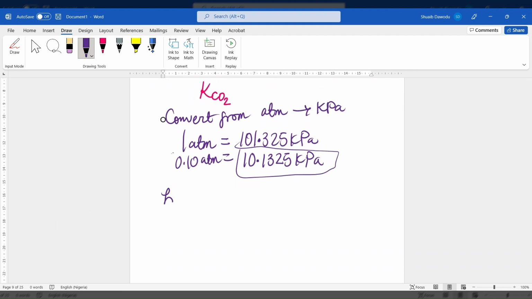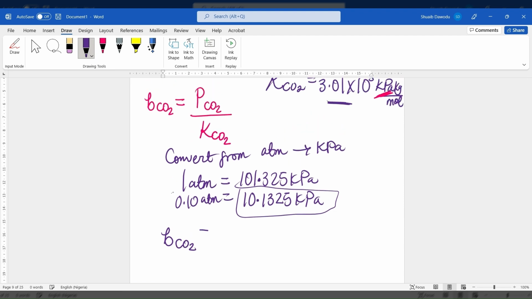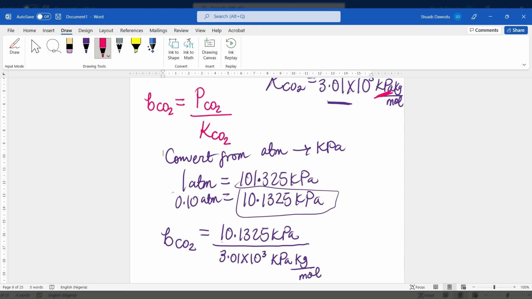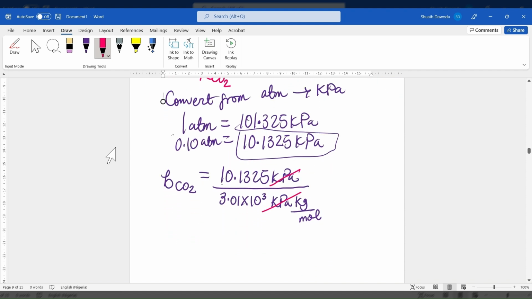So b sub CO2 is just simply going to be P sub CO2, which is now 10.1325 kilopascal, divided by K, which is the constant of proportionality, which is 3.01 times 10 raised to the power of 3 kilopascal kilogram per mole. So you cancel out the kilopascal. When you cancel them out, you can input 10.1325 divided by 3.01 times 10 raised to the power of 3.